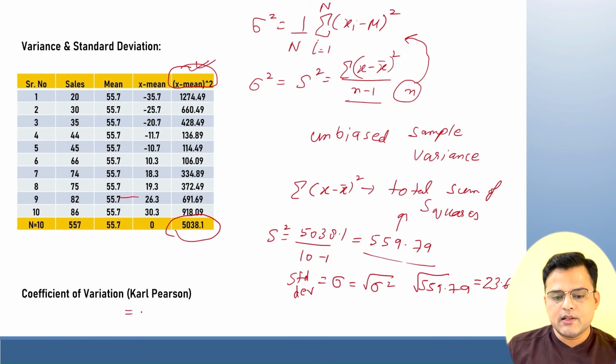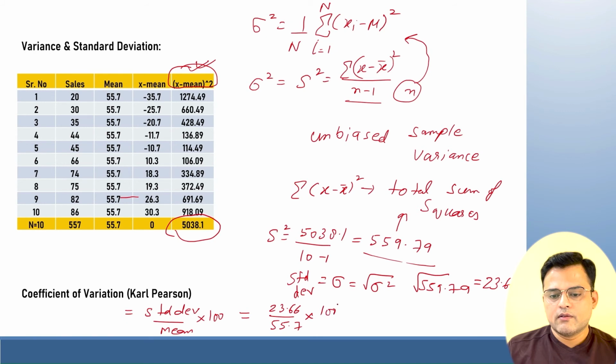Coefficient of variation is equal to standard deviation divided by mean, into 100. So here it will be 23.66 divided by 55.7 into 100. This will be your coefficient of variation.